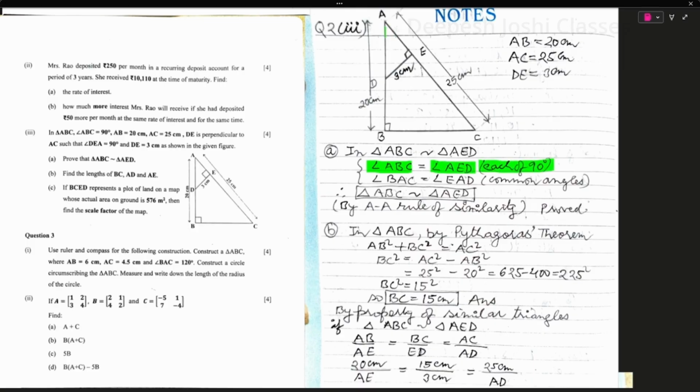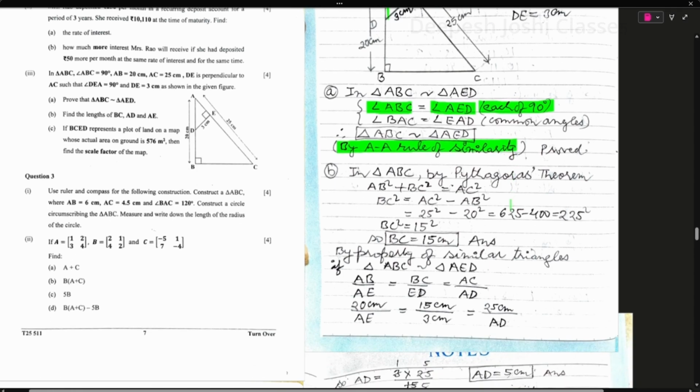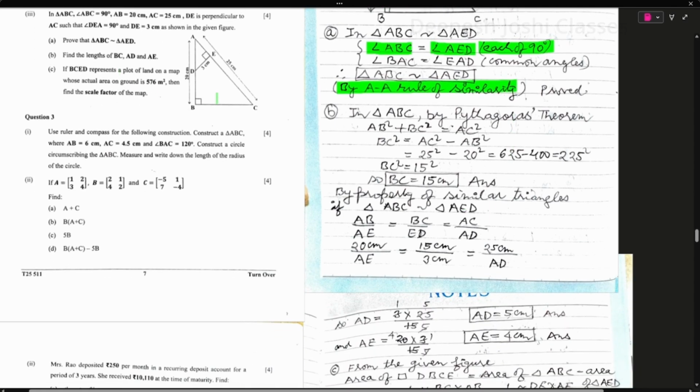Now this A is common in both the triangle AED and ABC. So by angle rule of similarity, both the triangles are similar. Now we have to find out some values in this question. The values of BC, that is this one, the value of AD, that is this value, and the value of AE, this value.